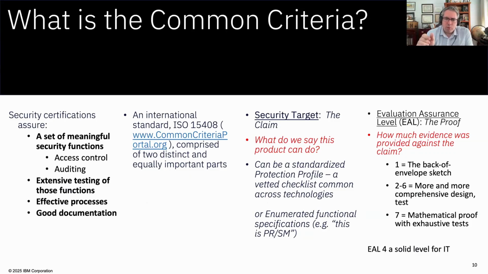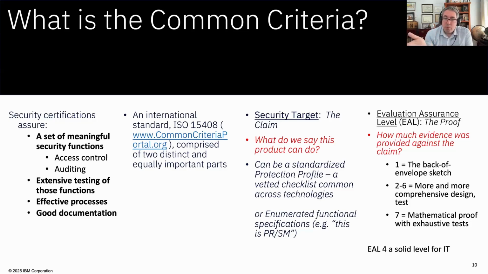And it does so through two mechanisms. One is called the security target, and that is the claim. What do we say that this product can do? What do we say that Prism can be configured to meet? What do we say that z/OS can be tailored to protect? And that checklist is what the evaluators use to figure out how good is this thing?